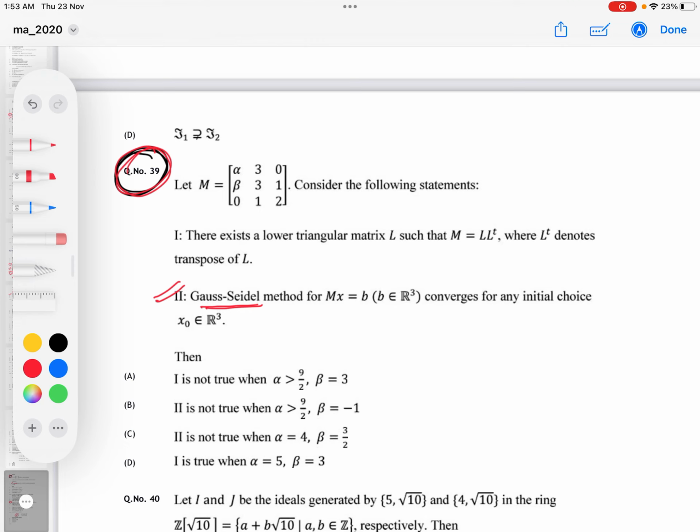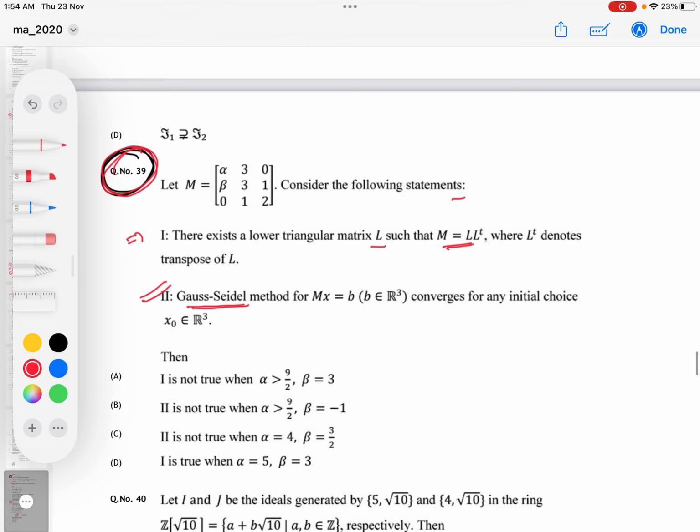So we are given this matrix M. Consider the following statement. Statement 1 is: there exists a lower triangular matrix L such that M is equal to L into L transpose, right? So L is here the lower triangular matrix. What we are doing is decomposing M into lower triangular and upper triangular, and here the upper triangular is nothing but the transpose of this lower triangular.